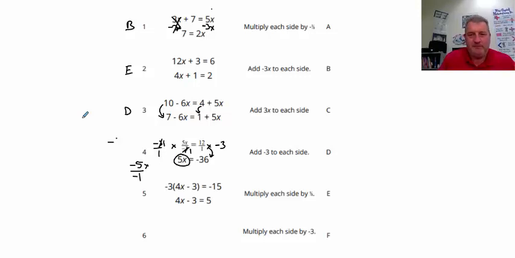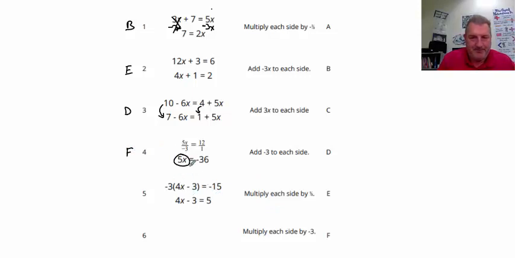Okay, there we go. All right, that's why it's important, you guys, to write clearly so you know what you are seeing. Okay, so this one was F, multiplying each side by negative 3.